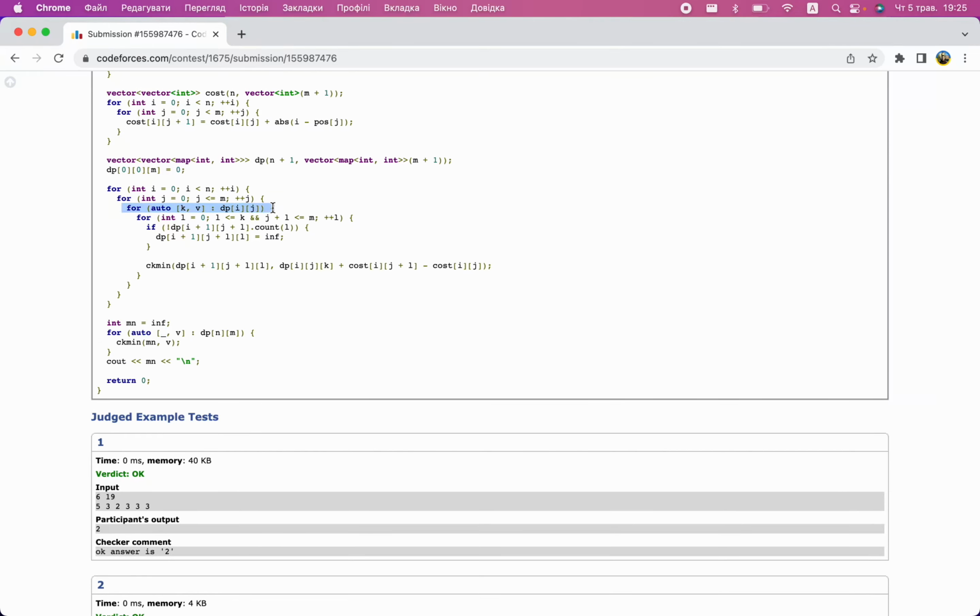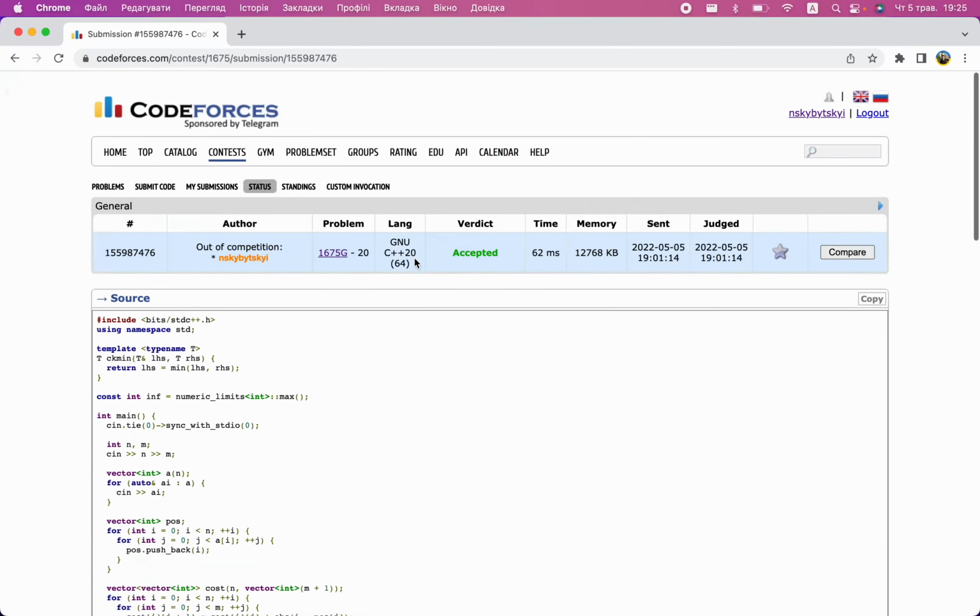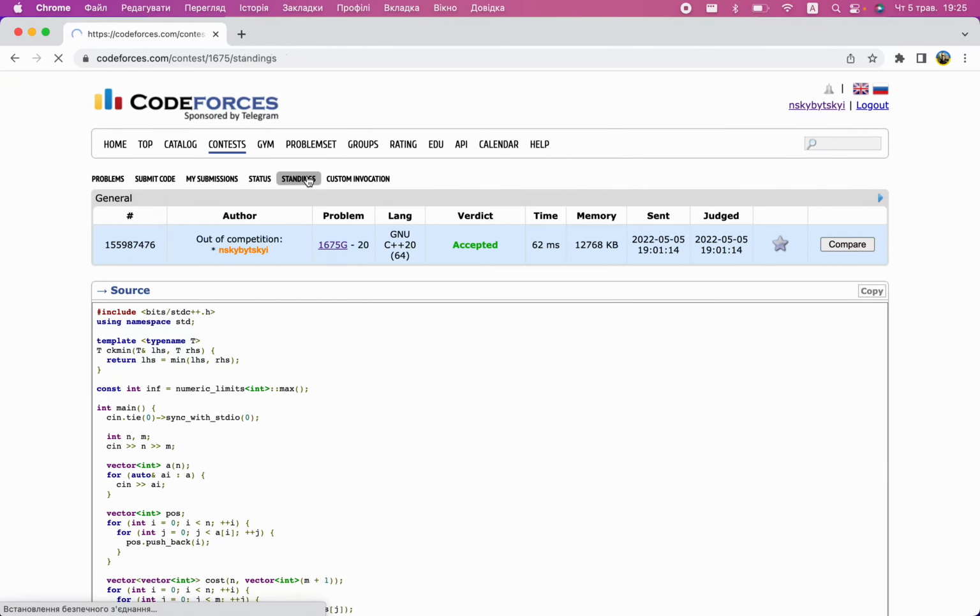So this loop, at least for large i, will be much faster than O of m. And this loop is obviously also fast for small k or large j. So yeah, this is the contest for you.